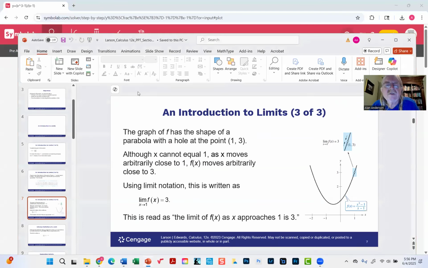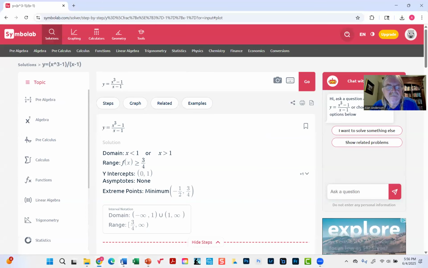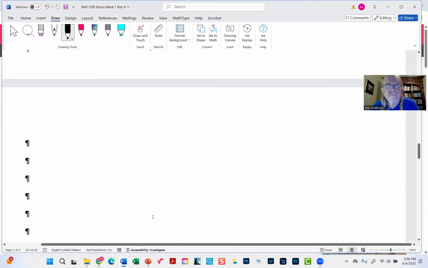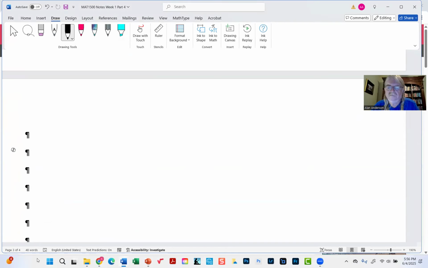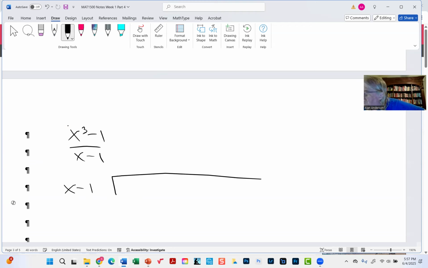If you were to calculate this ratio, you might remember from pre-calc that there's a way you can divide one polynomial into another using a process called long division. And that's how you can figure out if the denominator is a factor of the numerator.